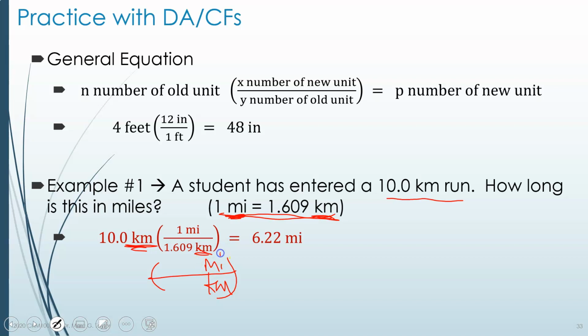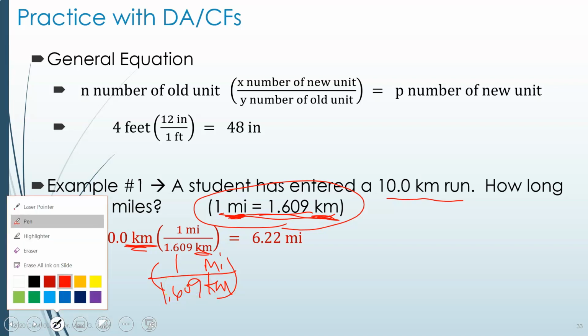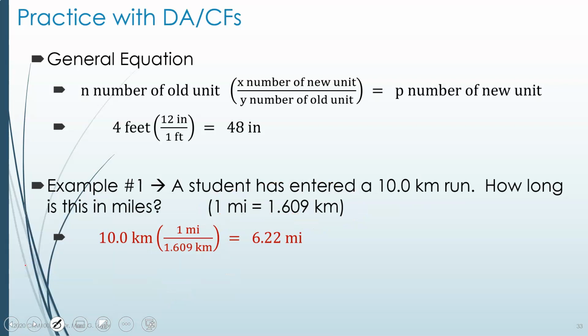And we want miles in the end, so that's going to be on the top. And then we look at our conversion factor and say, oh, what's 1 mile? Okay, it's 1.609 kilometers. So it's an easy way to build your conversion factor without really risking making a mistake.